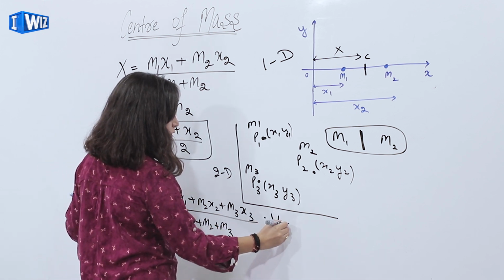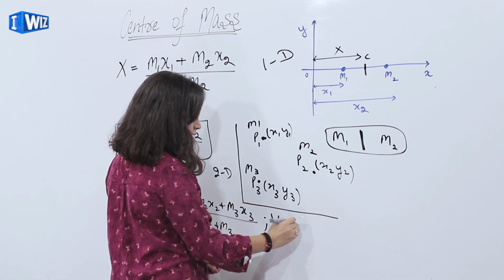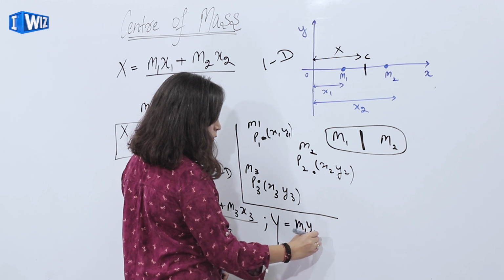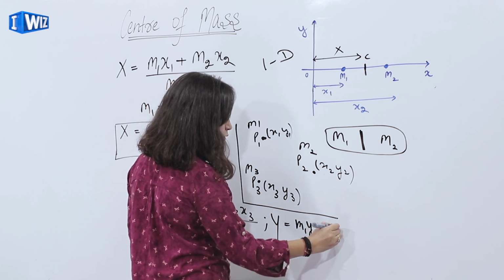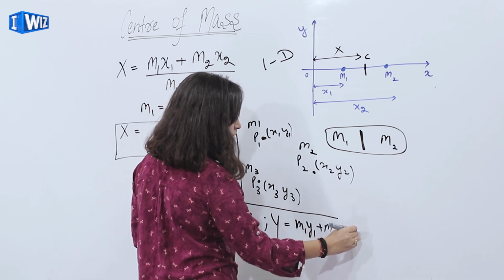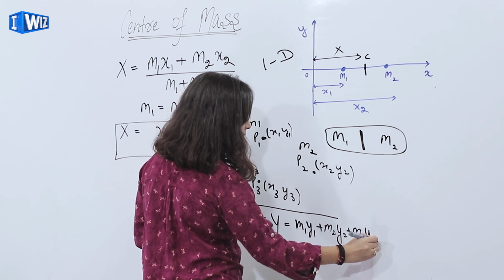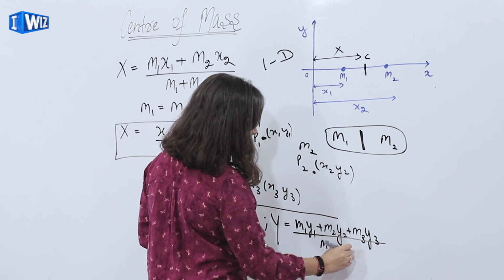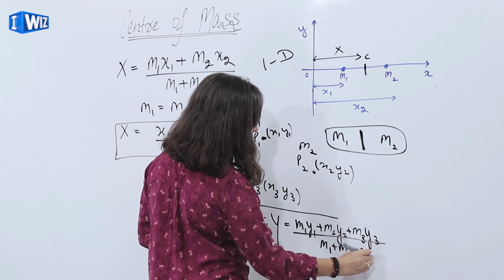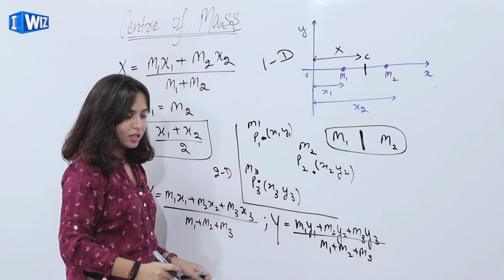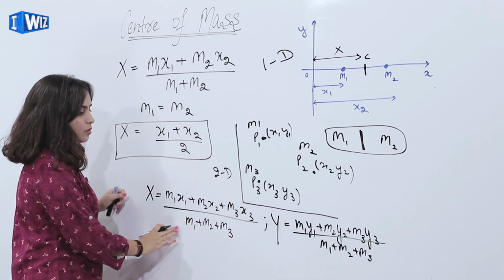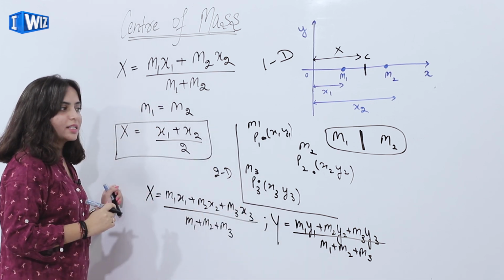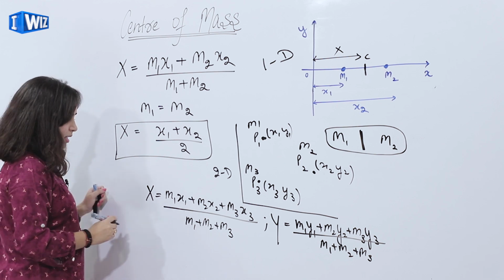Similarly, for y, we have m1 y1 plus m2 y2 plus m3 y3 upon m1 plus m2 plus m3. That means the total mass of the system. So this was for a system of 3 particles.